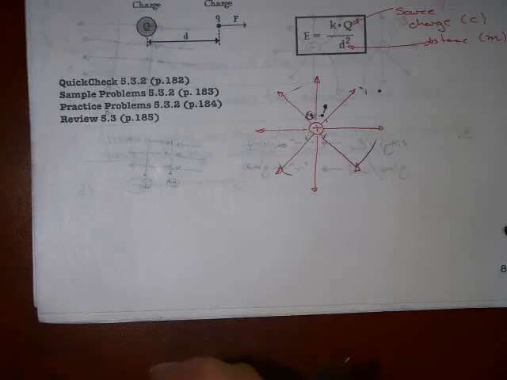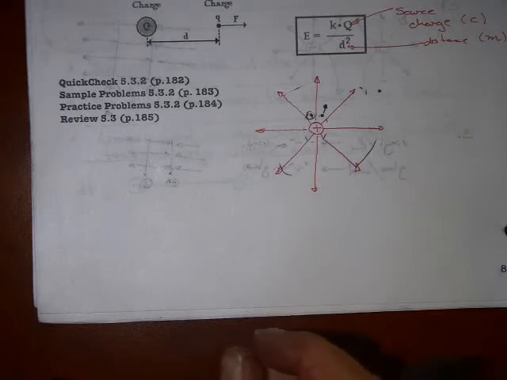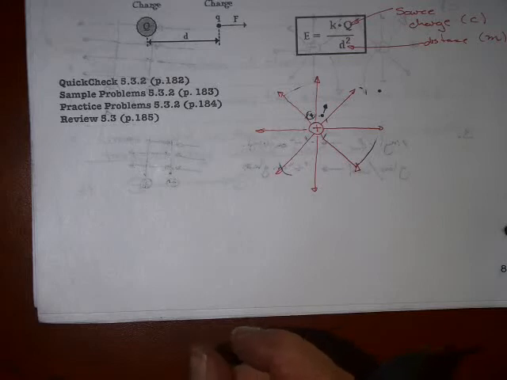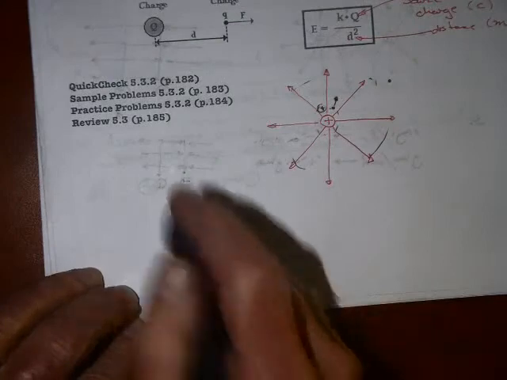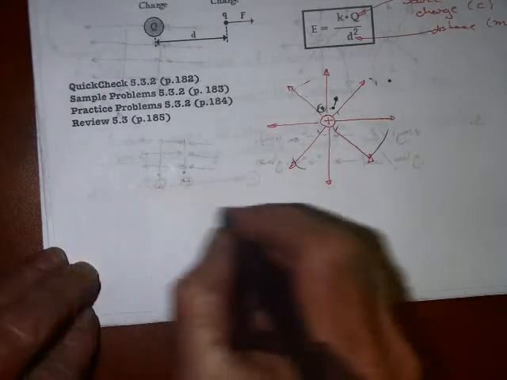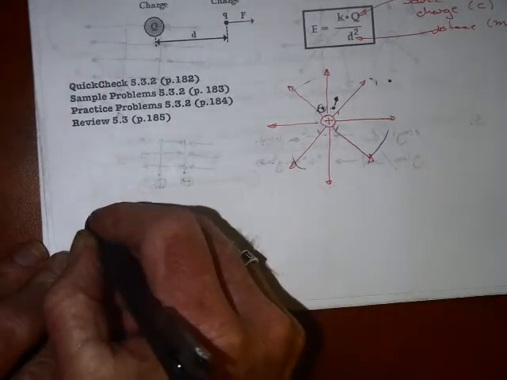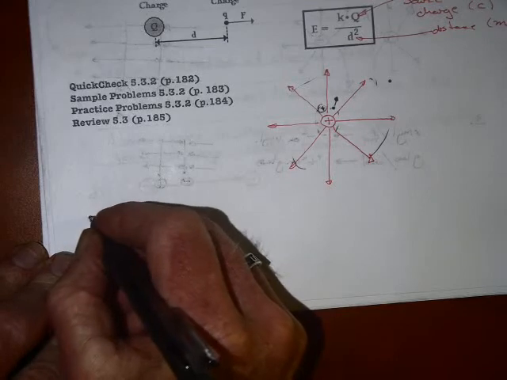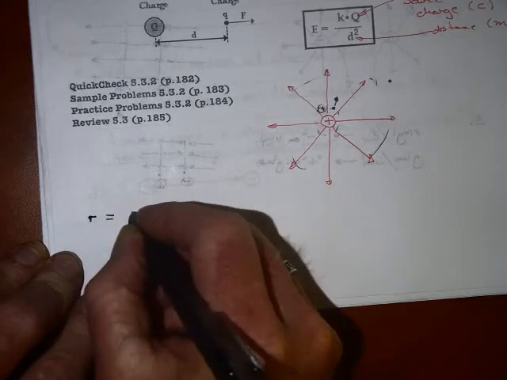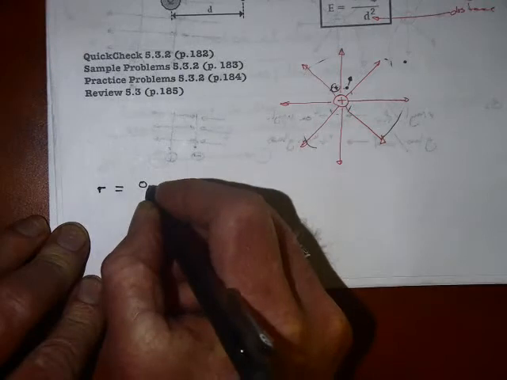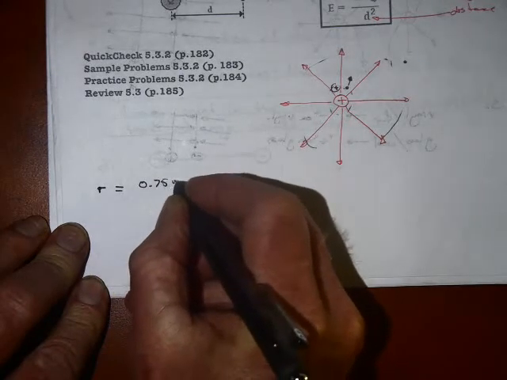Okay. So it says, what is the field strength at a distance of 0.75 meters away from a 90 microcoulomb charge? What we know is that r, or d, is equal to 0.75 meters.